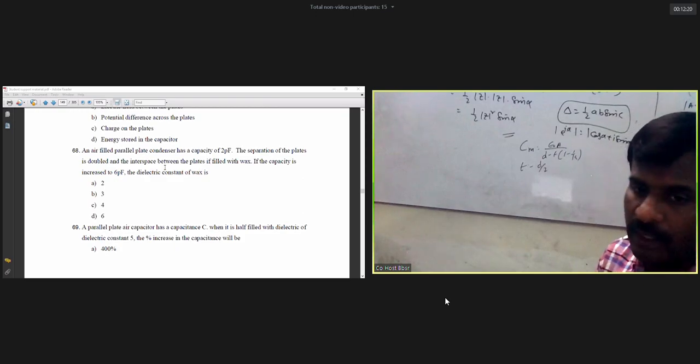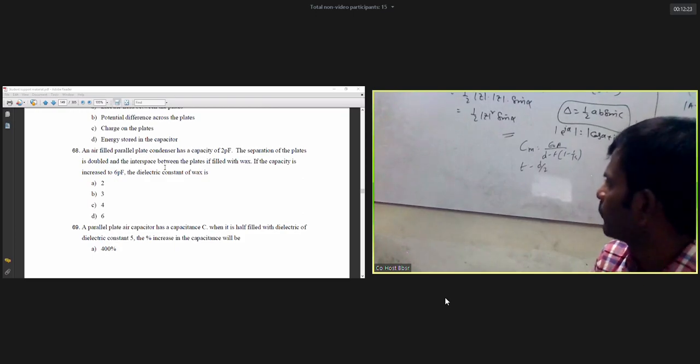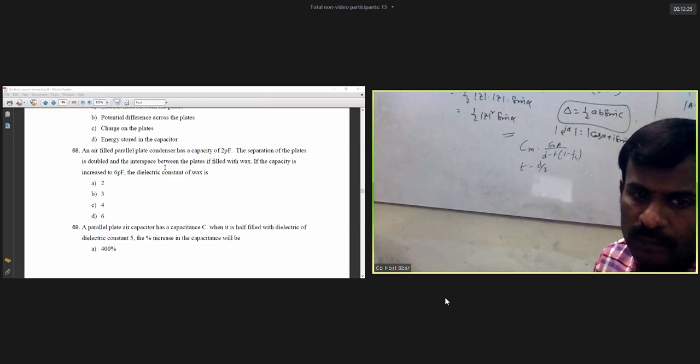D value, D by 2, half filled. So find the value of C dash.